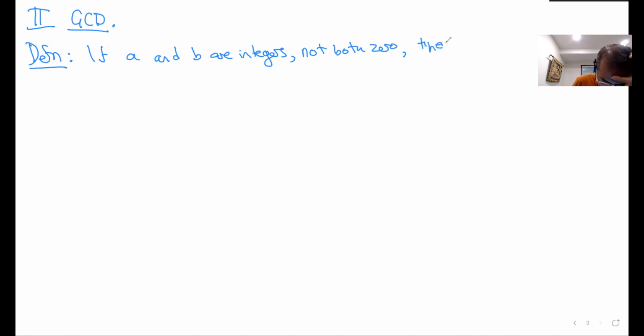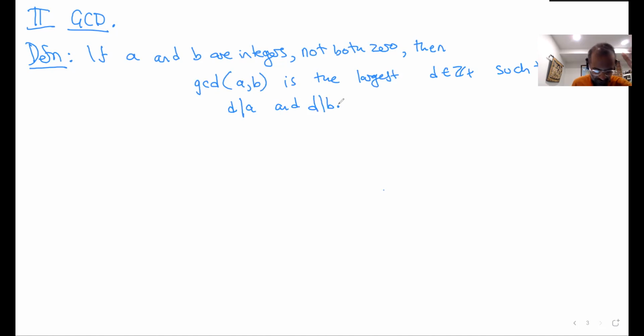Then the greatest common divisor of A and B is the largest positive integer D such that D divides A and D divides B. I mean, it's what you expect, right?